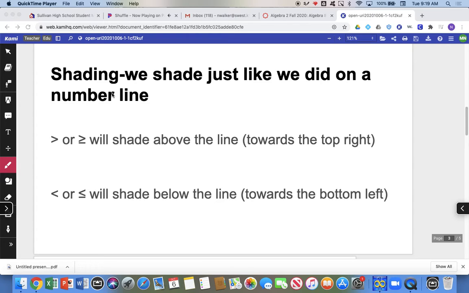A less than symbol will shade below the line. Whenever you shade above, your shading will go towards the top and to the right, because that's the most positive area on your coordinates. And whenever we're going less than, we're going to go towards the bottom and to the left.